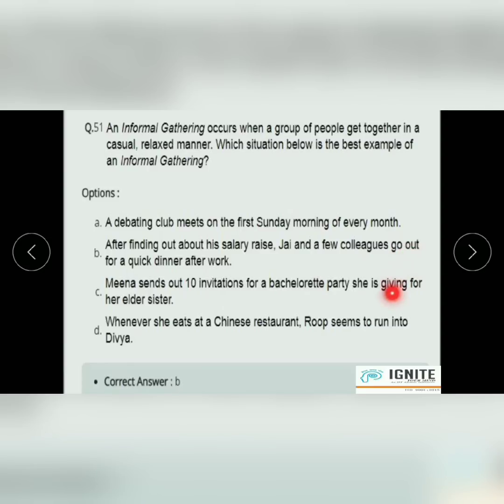Option C, Meena sends out 10 invitations for a bachelor party she is giving for her elder sister. And option D, whenever she eats at a Chinese restaurant, Roop seems to run into Divya. The correct answer and the best example for an informal gathering is option B. After finding out about his salary rise, Jay and a few colleagues go out for a quick dinner after work.